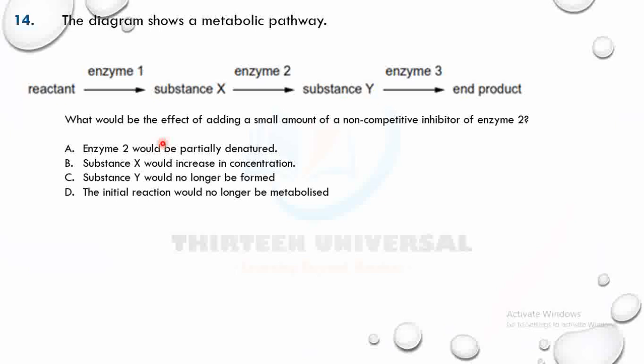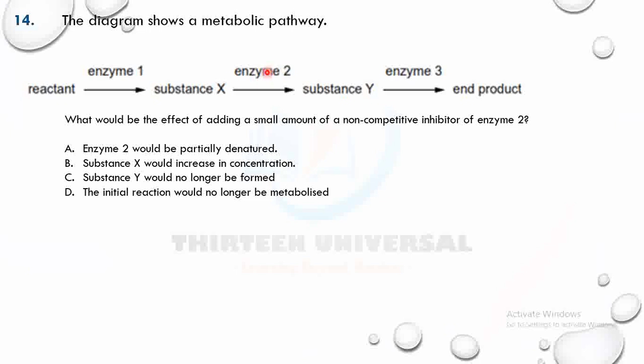Okay. So what happens? If we add, remember what they said, a small amount of non-competitive inhibitor of enzyme 2, that means some of the enzyme 2 will be inhibited.